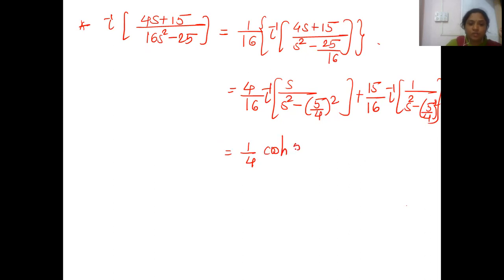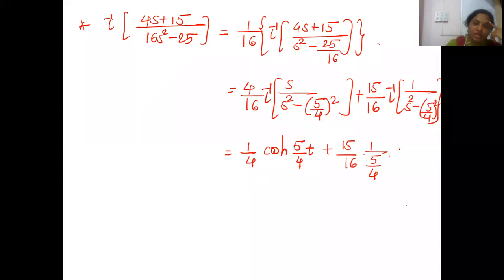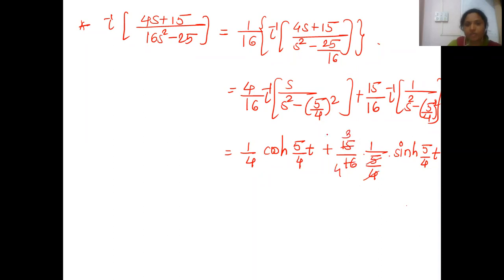Cos hyperbolic 5 by 4t, plus 15 by 16 into 1 upon 5 by 4 sine hyperbolic 5 by 4t, since 1 upon a. So here it is 4 and here it is 3.